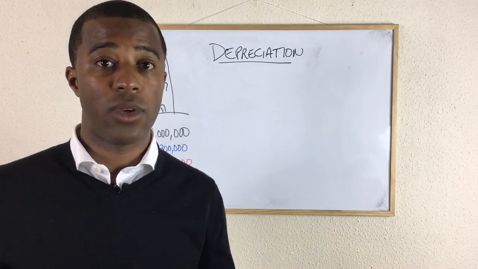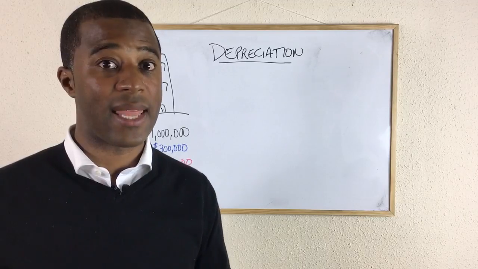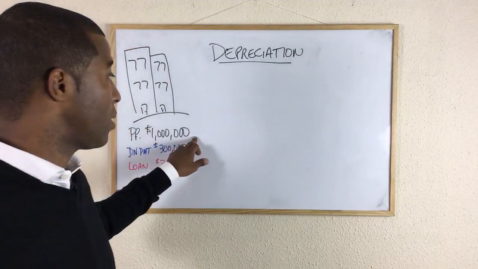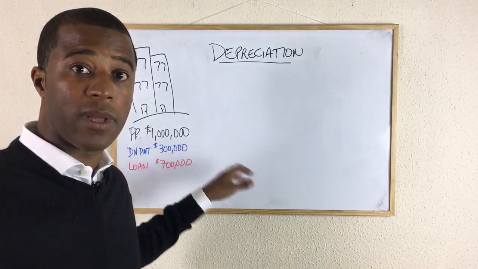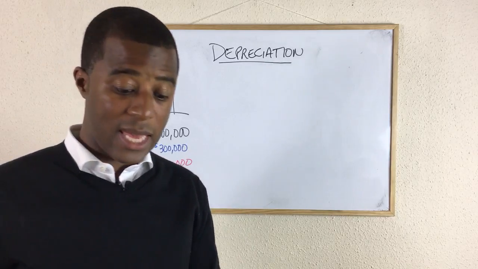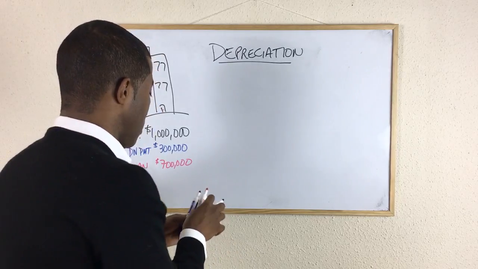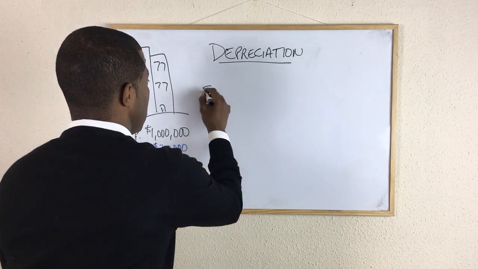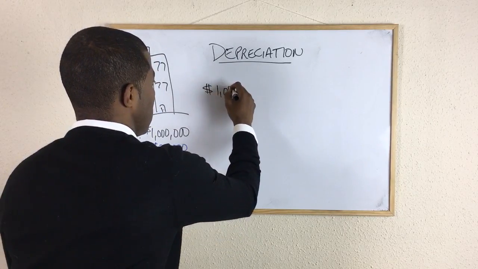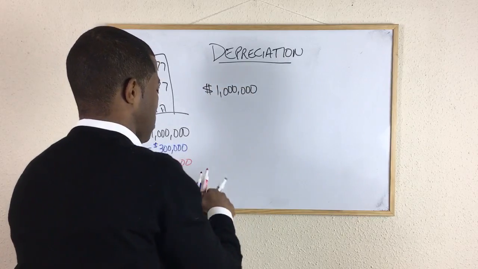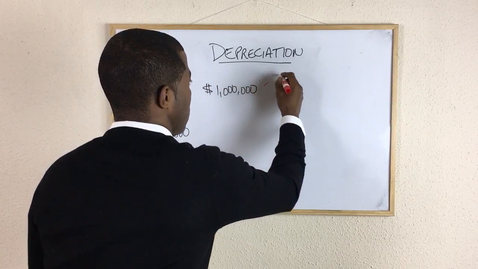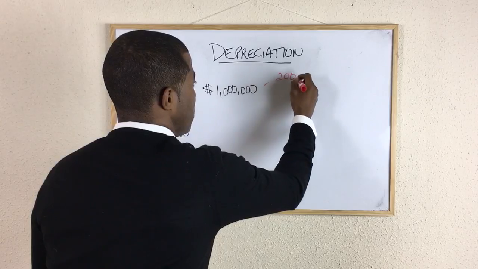So what I'm going to use in this specific example is say that this $1 million multifamily property that we purchased, the land value is going to be worth 20%, or $200,000.